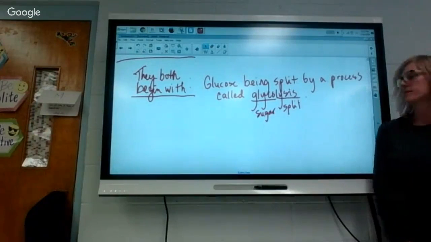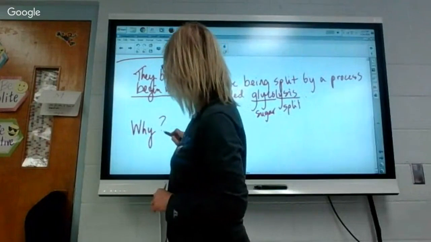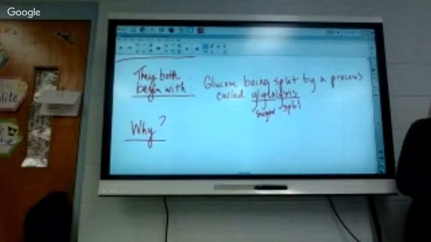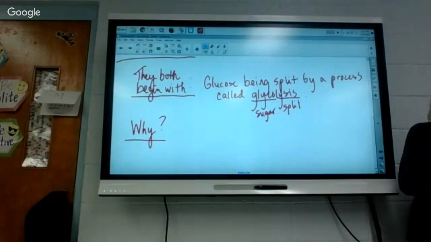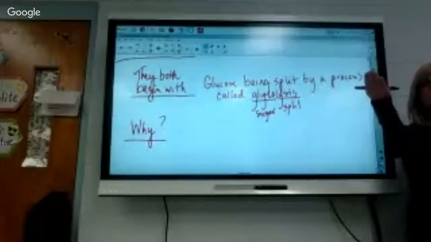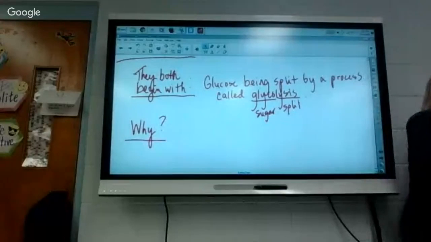Why is this whole process necessary? Why respiration? If we know the end point, glucose is converted to ATP. So why is ATP important?